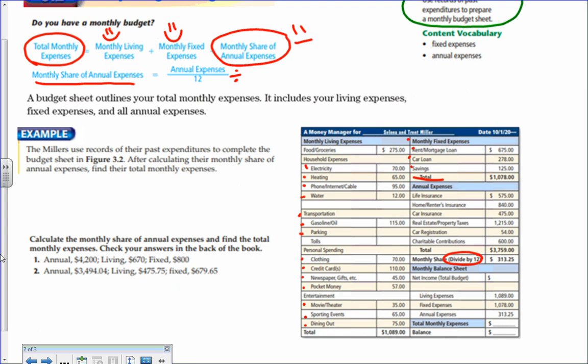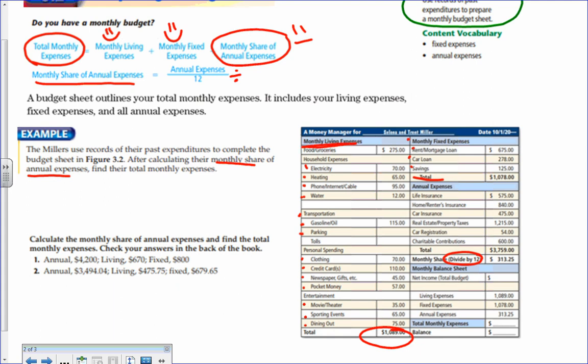Okay, so a budget sheet outlines your total monthly expenses. It includes your living, your fixed, and all your annual expenses. So we're going to look at the Millers together. After calculating their monthly share of annual expenses, find their total monthly expenses. So thankfully this chart is so beautiful for you guys. Right at the bottom is the total of their monthly living expenses.